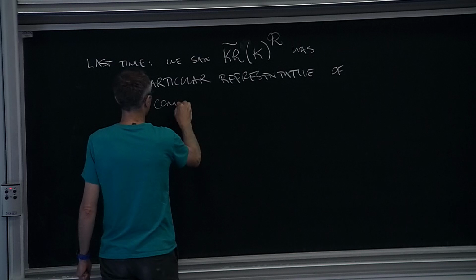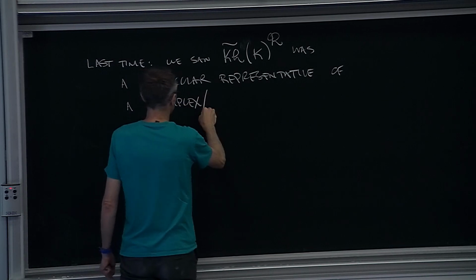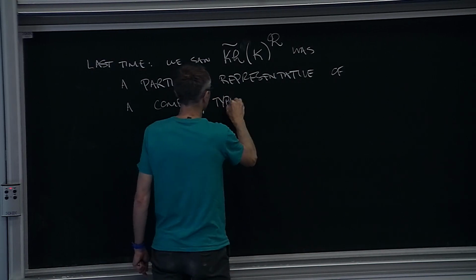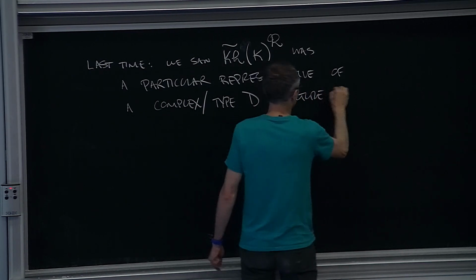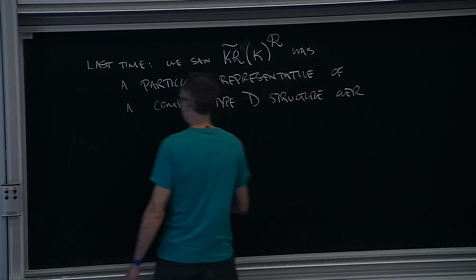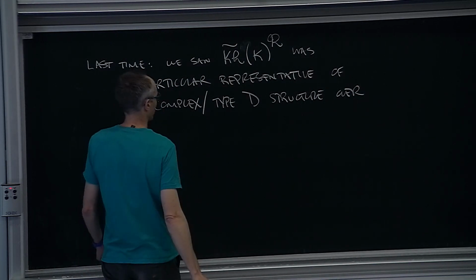So let me say complex, type D structure over R. How do I want to think about this?